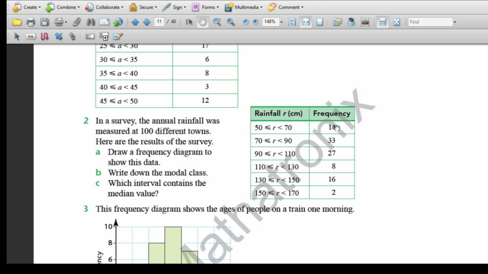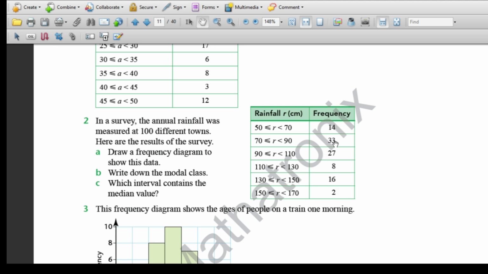So the modal class can easily be seen from here. 70 to 90 is the modal class because this is 33. The highest frequency is the modal class. And which interval contains the median? So we will see the median class as well. The total is 100.